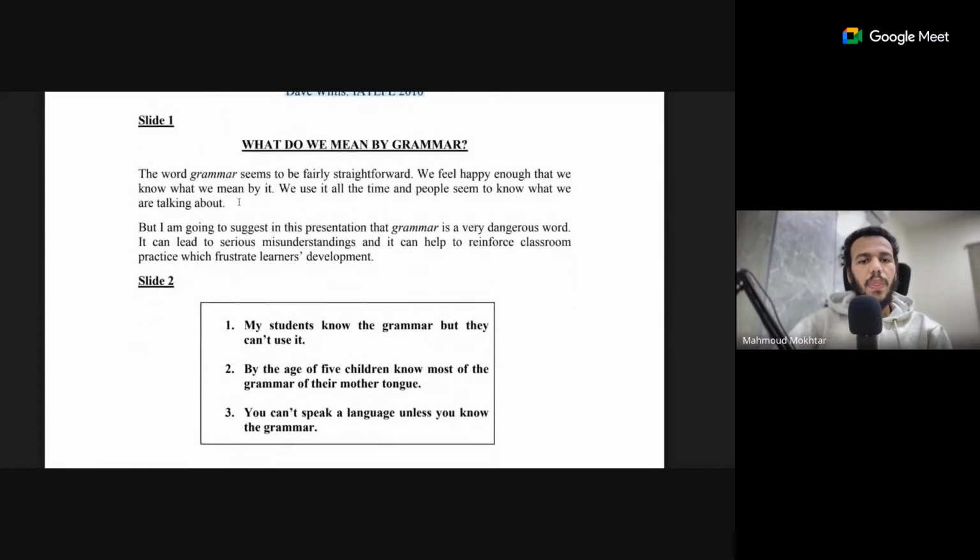Okay, slide one. What do we mean by grammar? The word grammar seems to be fairly straightforward. We feel happy enough that we know what we mean by it. We use it all the time, and people seem to know what we're talking about.